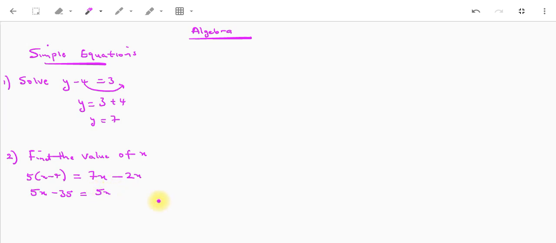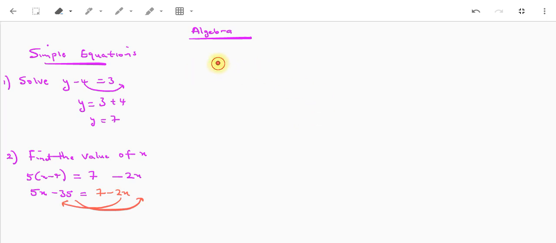Now, a little mistake here. I'm going to take off this x here to make the question correct, because we're not going to get it right that way. Now, this is 7 minus 2x. So let us collect like terms, which means 2x will come this way, and this minus 35 will come this way.